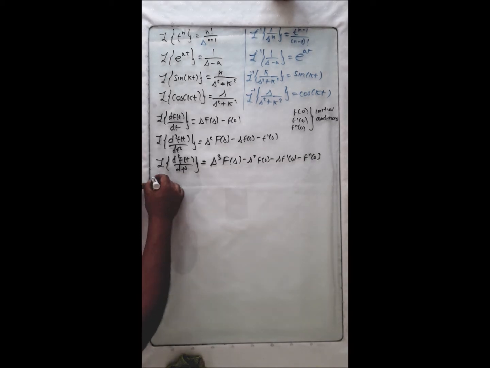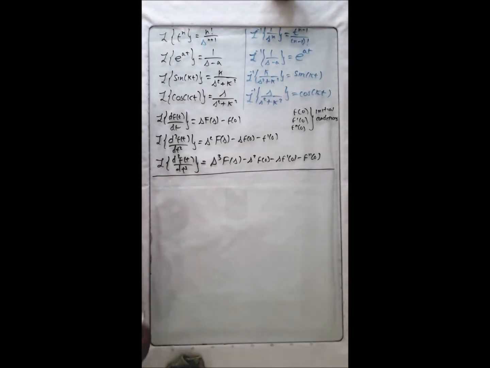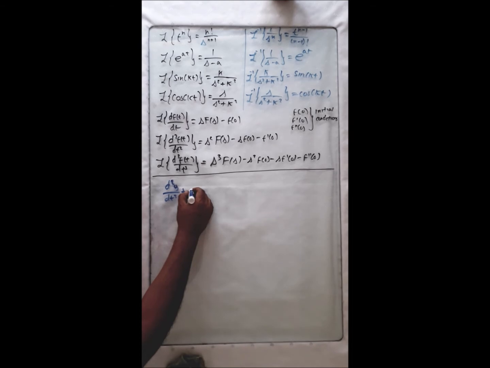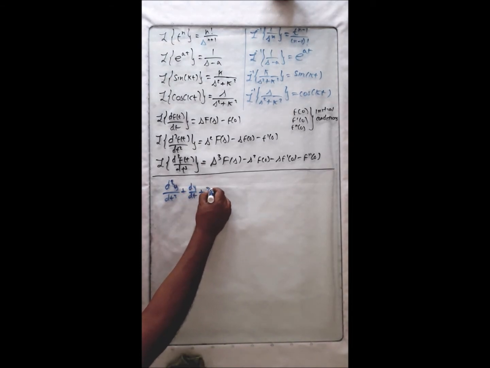Now, why are we looking at these formulas and this procedure for the differential equations? Well, this is the process that we are going to use. Imagine that you have this differential equation, second derivative of y with respect to t squared plus derivative of y with respect to the time plus 3y equals 0.